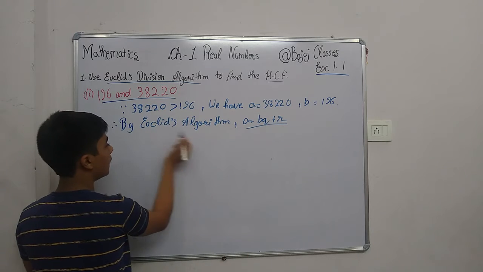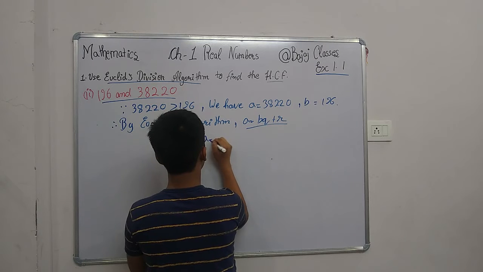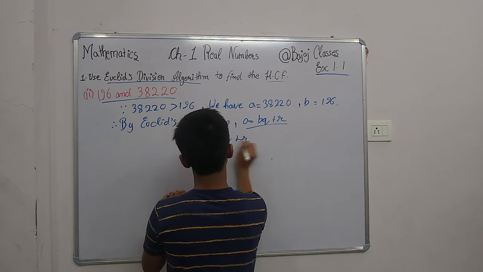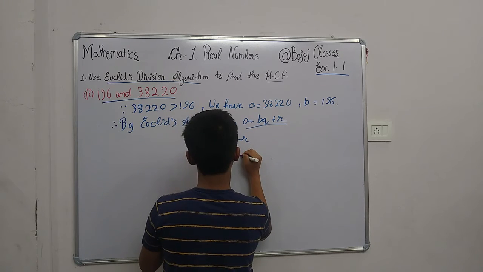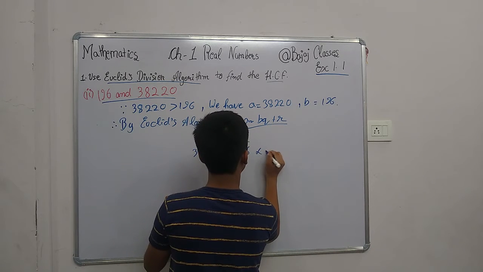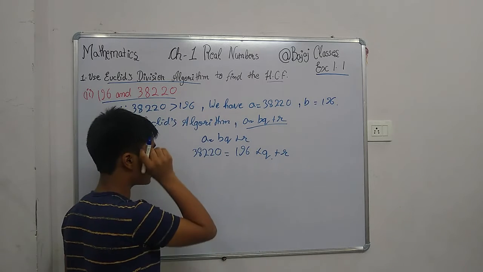Here we write A equals BQ plus R, so 38220 equals 196 into Q plus R. Now we have to find the quotient and R.